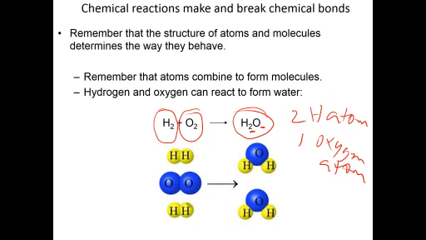Hydrogen gas has 2 atoms of hydrogen, and oxygen gas has 2 atoms of oxygen joined together. So H2, O2, and water. All you're doing is breaking chemical bonds, rearranging the atoms to form a new product, water.